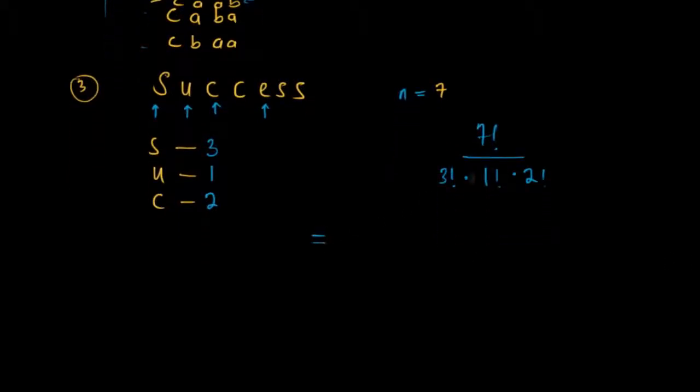To simplify this, we know 7 factorial is just 7 times 6 times 5 times 4 times 3 times 2 times 1, divided by 3 times 2 times 1, times 1 factorial which is just 1, and then 2 factorial which is 2 times 1.